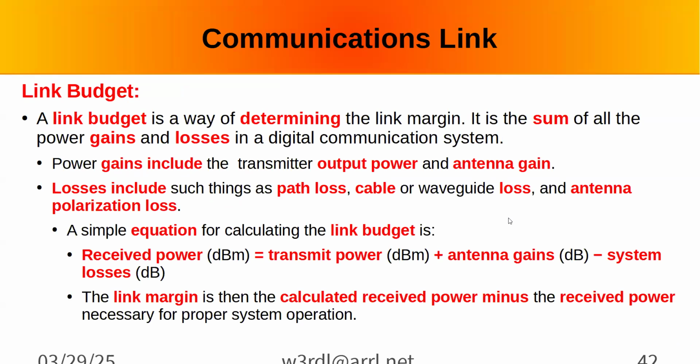So we also have a link budget, which is like figuring the entire path. You add up all the gains and losses in the system. So you take the transmit power. In essence, you're going to do the effective radiated power, because you take your transmit power and the antenna gain, then the path loss.